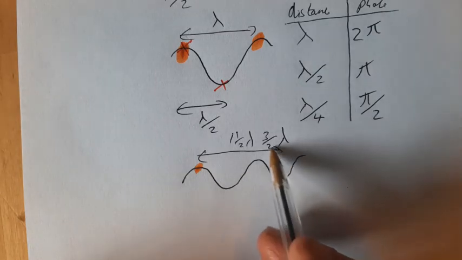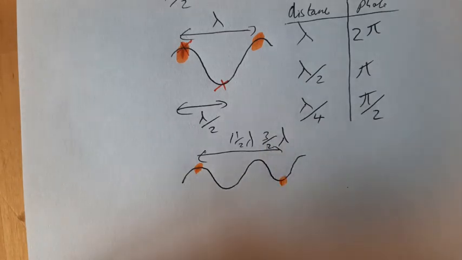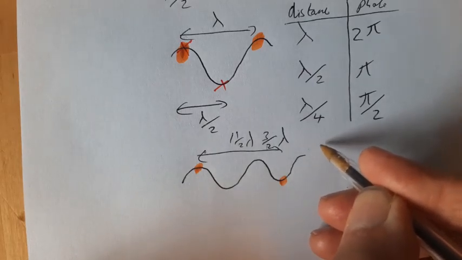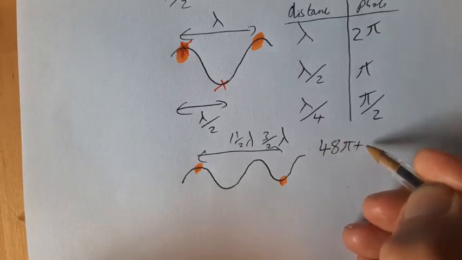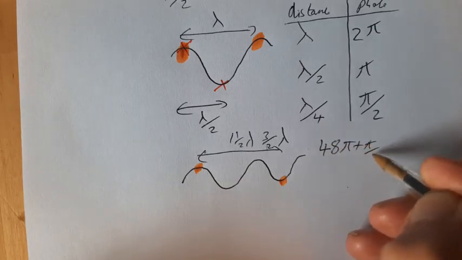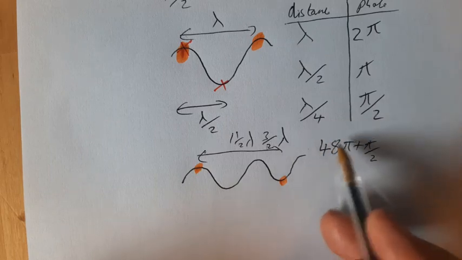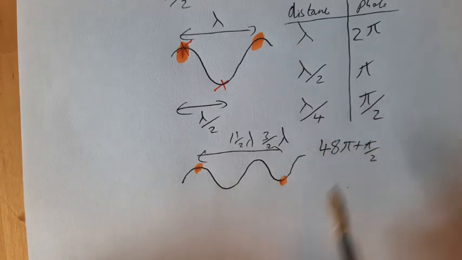So that just comes back to exactly the same phase difference as if it was half a wavelength, which is pi radians. And even if it was something extreme, and I have seen this, like 48 pi plus pi by 2, then again you can just ignore the 48 pi because that's simply 24 full cycles. Okay, thank you very much.